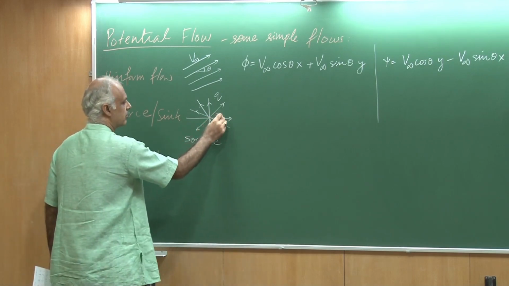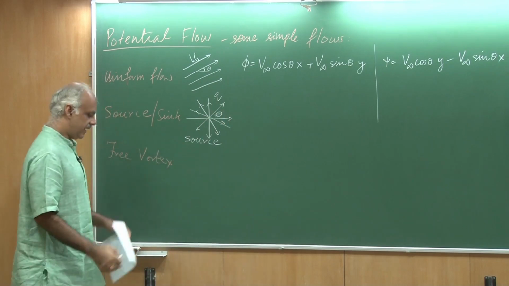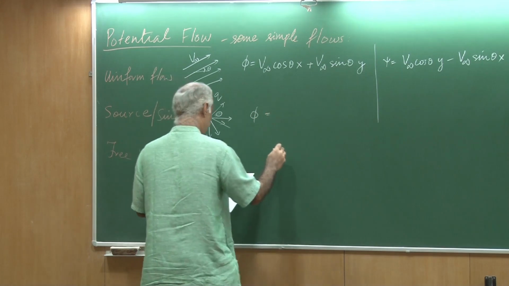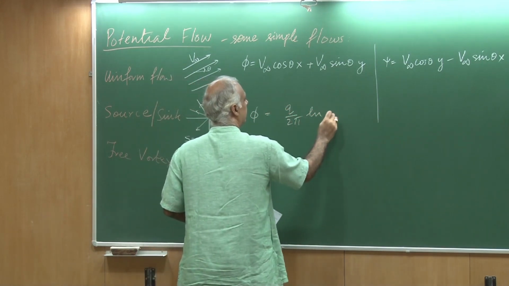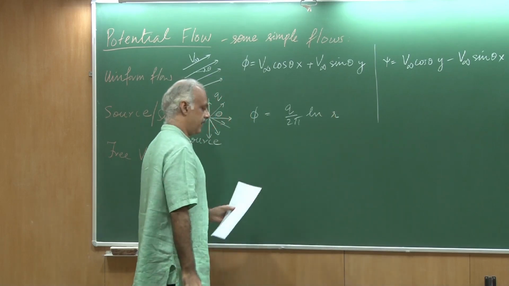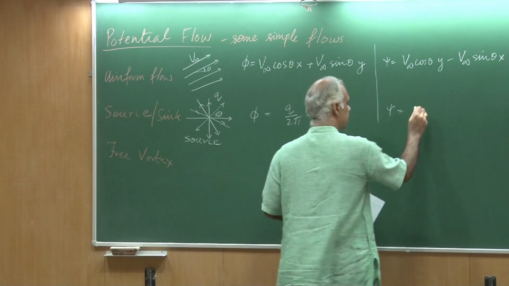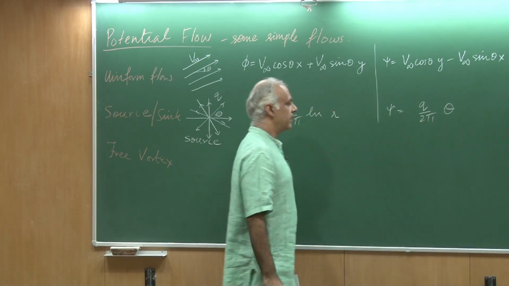So this is a source located at origin, so I mark it with O. And for this we were able to show that phi is Q by 2 pi natural log of r, and for the same the stream function was Q by 2 pi theta.